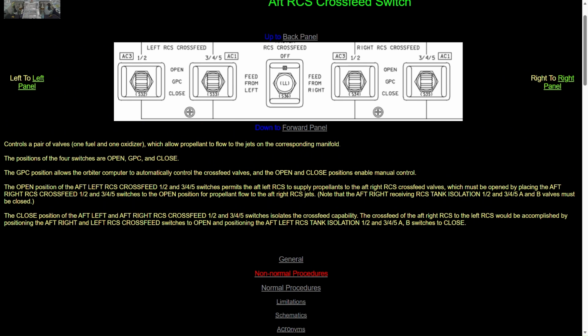Note that the aft right receiving RCS tank isolation 1, 2, 3, 4, 5 valves must be closed.